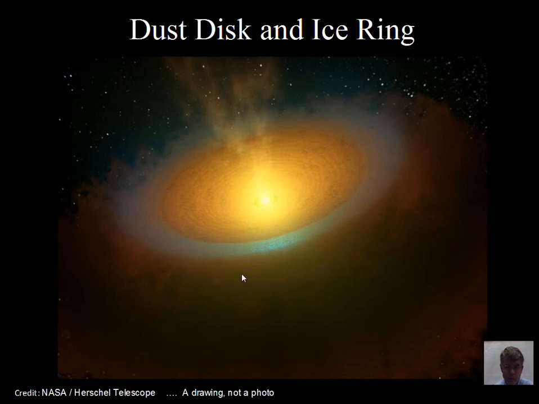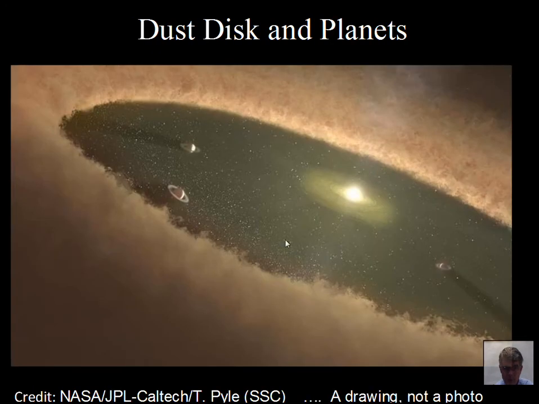Dust ring and ice ring. This is a drawing and not an actual photograph, but just illustrating what's happening here in the process of forming the central star. And we have dust closer to the star, ices further away from the star where it's colder. And here the dust is starting to be cleared out.